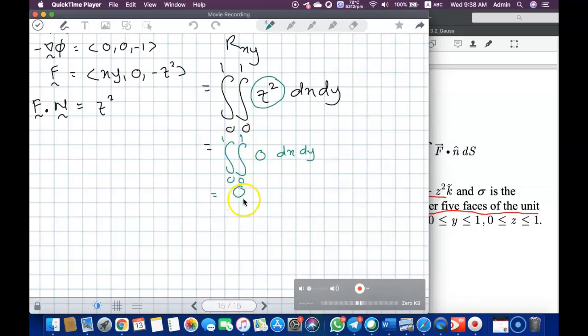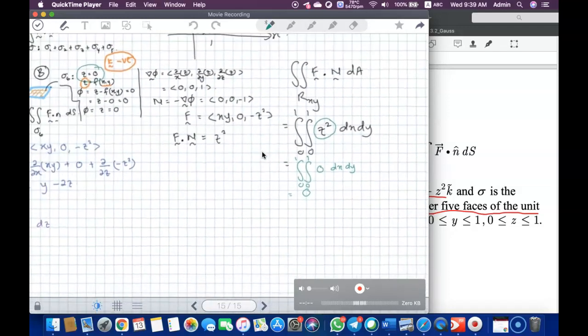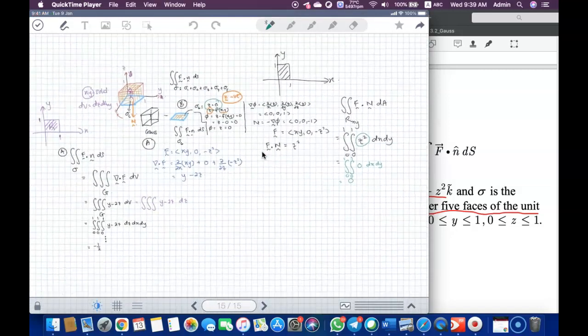So constant minus constant, you get 0. As a conclusion, if your integrand is 0 and you have a definite integral, whether triple, double or single integral, you will end up with 0. Only for integrand 0, not constant. So your result in B, you got 0.